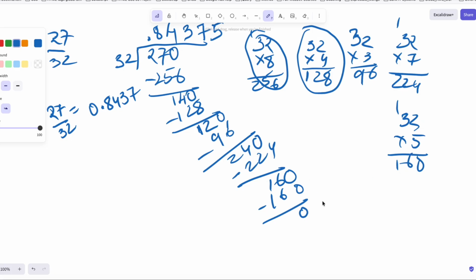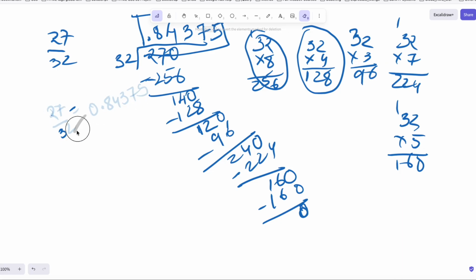Yep, perfect. So actually this is better. I was being a bit premature when I stopped here, when I didn't go through with this, right? But now you know that 27 divided by 32 leads to a non-recurring, a definitive answer, which is 0.84375. So let me write that here more clearly.